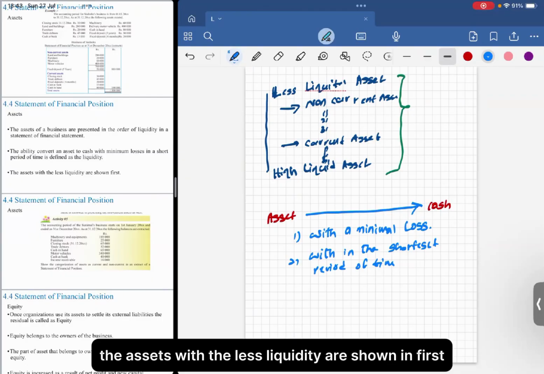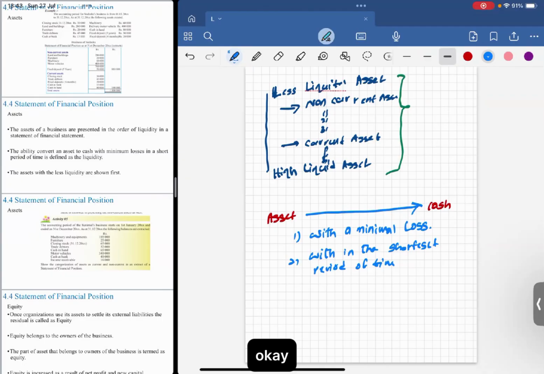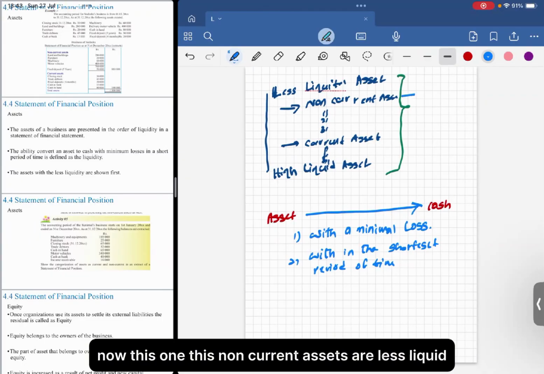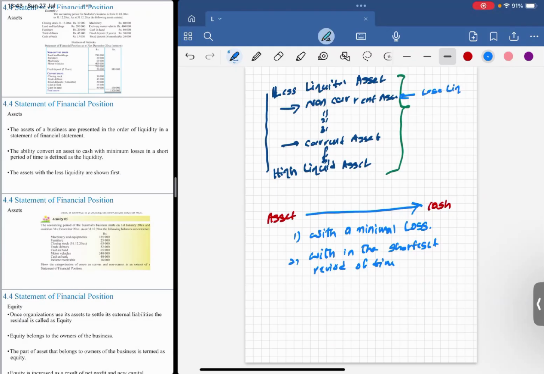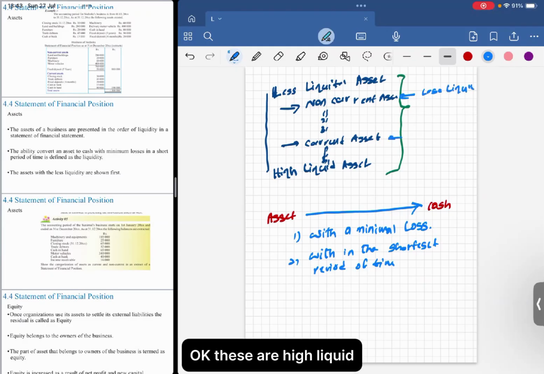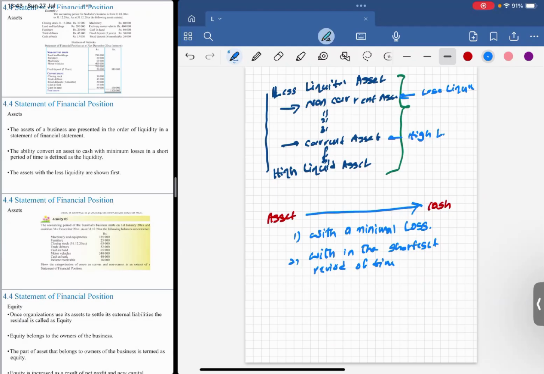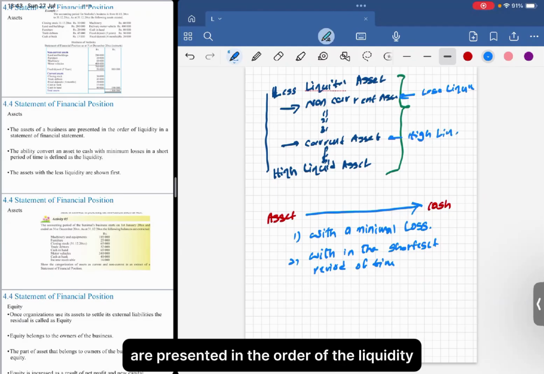The assets with less liquidity are shown first. Non-current assets are less liquid, and current assets are highly liquid. So assets of the business are presented in the order of liquidity in the statement of financial position.